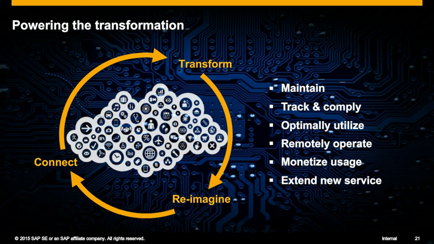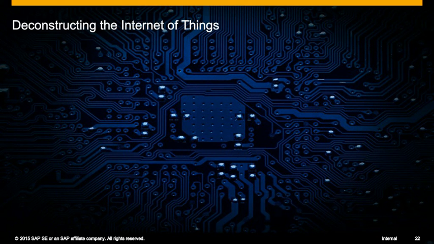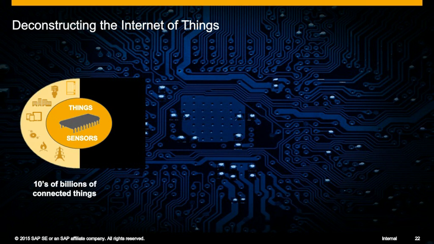But now let's take the topic of IoT and split it up into pieces to really also come to the part where SAP comes into play. So we are, on the one hand side, talking about things, meaning embedded sensors and physical devices that are part of the Internet of Things.